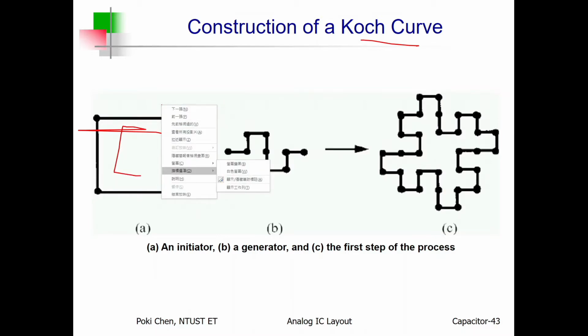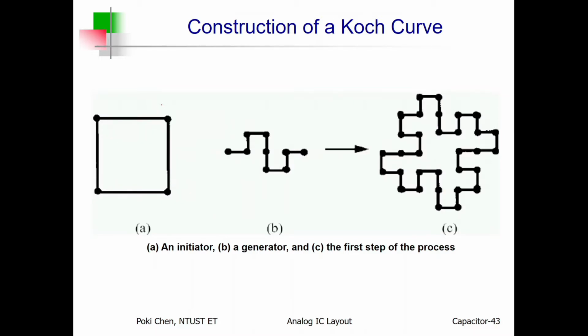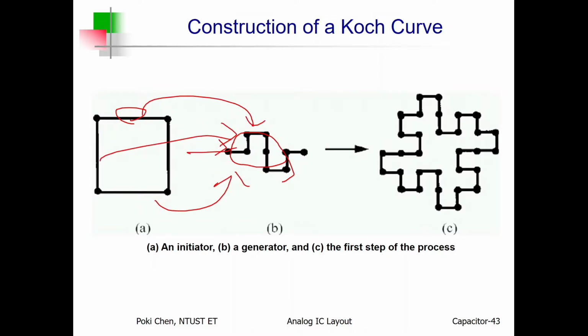But you need to replace each square with such kind of generator. For each one, it is replaced with this, with this, with that, with that. Then you will have a new one according to such kind of fractal geometry, right? You can achieve the first order fractal geometry, then go further.